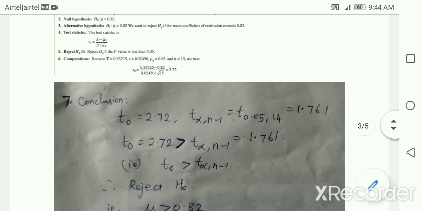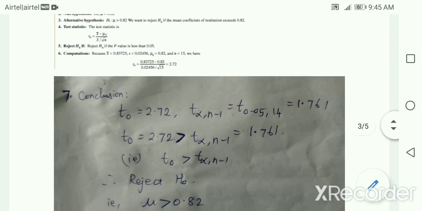Alpha is here 0.05 and n is 15. So the degrees of freedom n minus 1 is 14. The rejection criteria: we have to test whether t naught is greater than t 0.05 comma 14 or not.